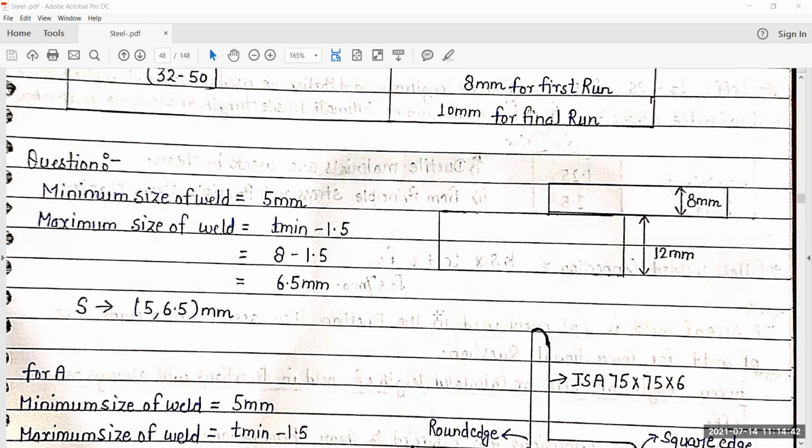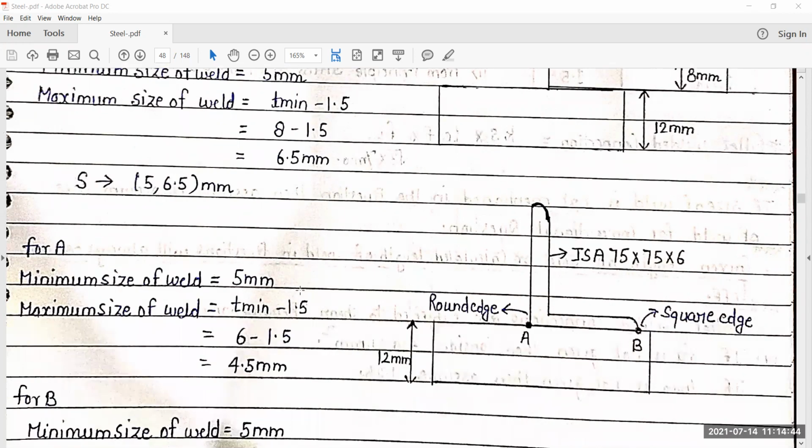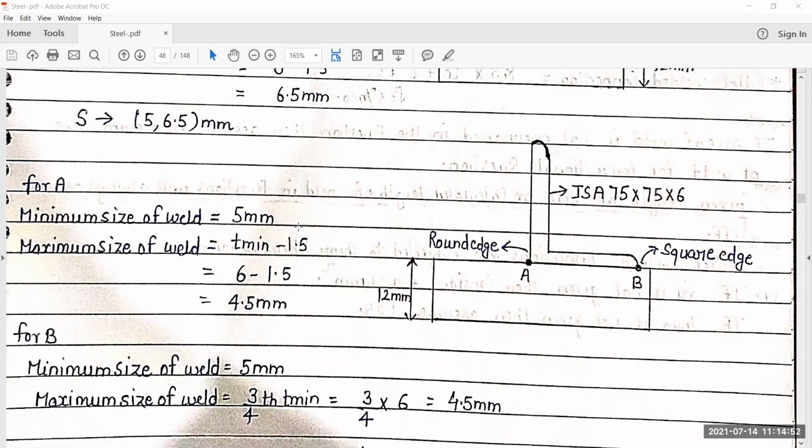The maximum size of weld is T minus 1.5, so 8 minus 1.5 gives 6.5 mm. So for A, the minimum size of weld is 5 mm and the maximum is 6.5 mm. You take the 5 mm. The maximum size of weld would be T minus 1.5, and with T equal to 6 mm, 6 minus 1.5 gives 4.5 mm.